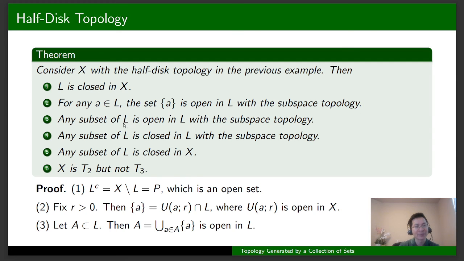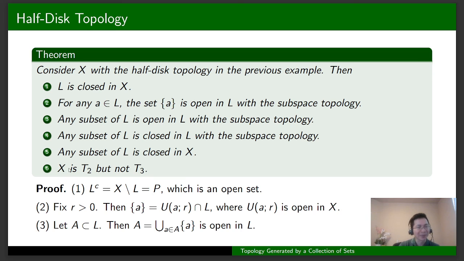Consequently, any subset of L is open in L with the subspace topology. Thus, any subset of L is closed in L with the subspace topology. The fifth property says that any subset of L is closed in X.